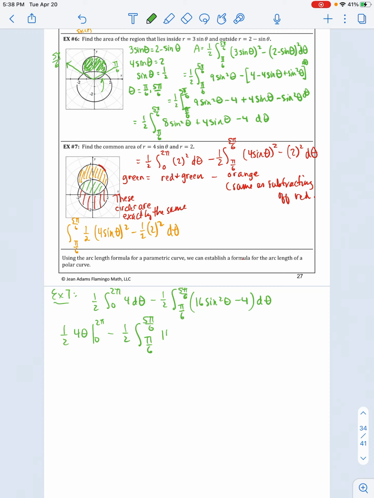I can't integrate sine squared. I have to use an equivalency. So this is going to be 1/2 minus cosine 2 theta over 2.